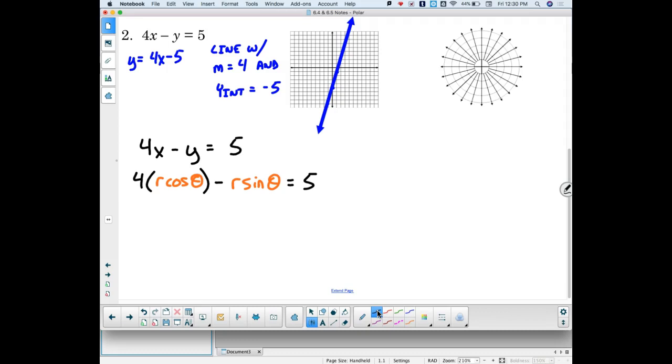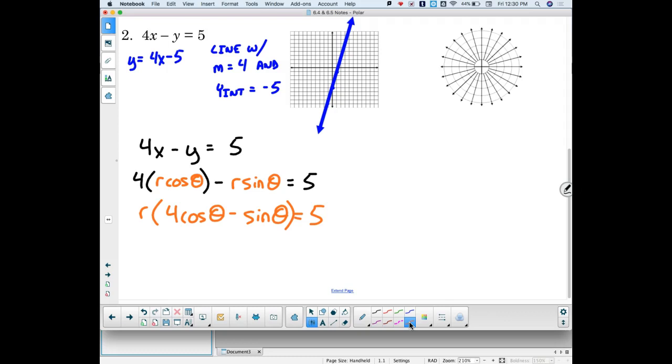So let's factor out an r. r times the quantity 4 cosine of theta minus sine of theta equals 5.